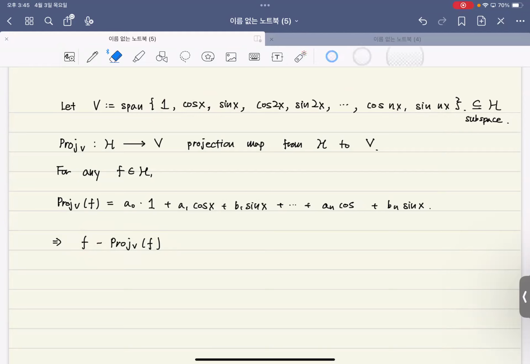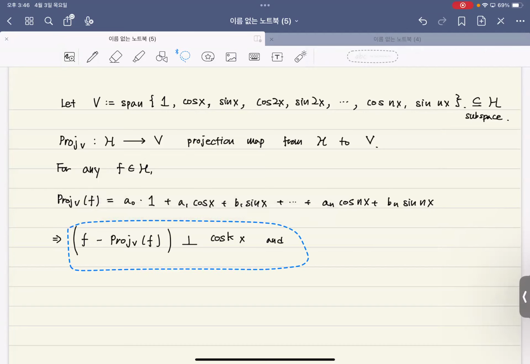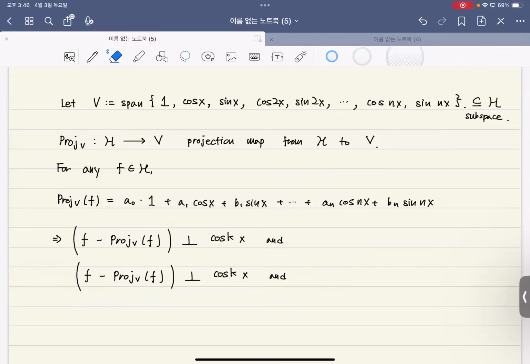So this must be orthogonal to cosine kx and sine kx, where k is from 0 to n for the cosines, and k is from 1 to n for the sines.